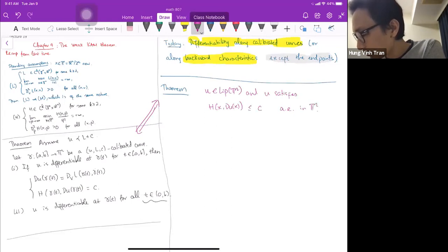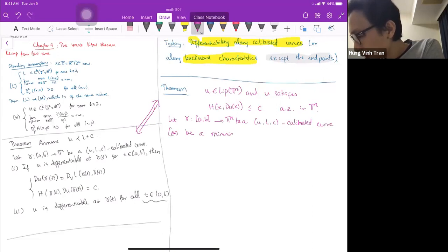That's the first requirement. The second requirement is that gamma, mapping from [a, b] to the torus T^n, be a u-calibrated curve, or equivalently, be a minimizer of the corresponding action functional. A minimizer curve.